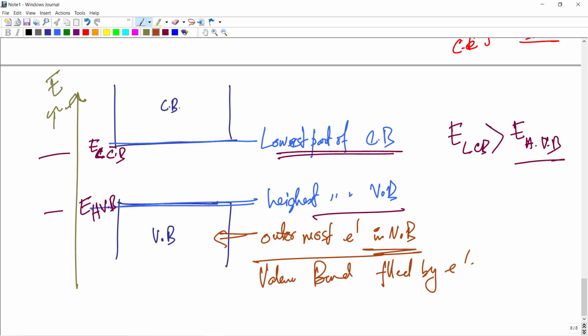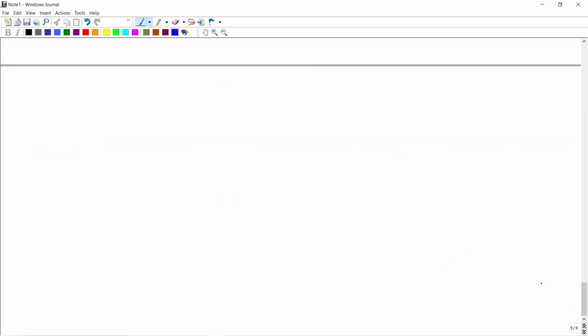So this is the basic diagram for the normal case. But when you treat it as a metal or conductor, treat it as a conductor.